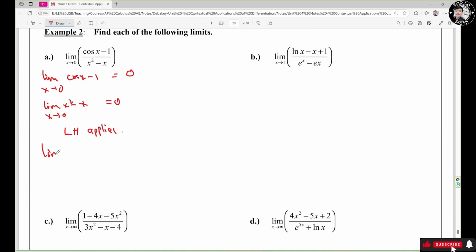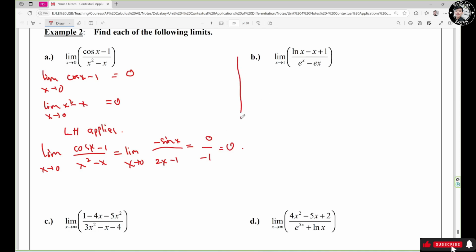You have the limit of (cosine s minus 1) over (s squared minus s) as s approaches 0 equals the limit of the derivatives. The derivative of cosine is negative sine, so it's negative sine s over the derivative of the denominator, 2s minus 1, as s approaches 0. The numerator turns out to be sine of 0 equals 0, and the denominator equals negative 1, so it will be 0.